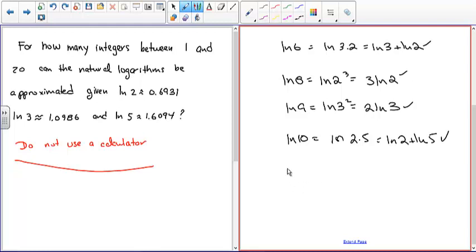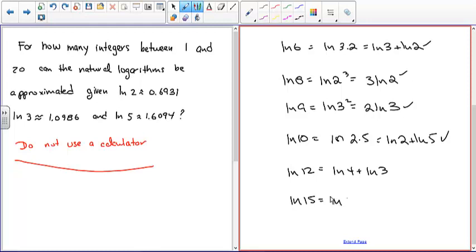I can't do 11. 12 is going to be the natural log of 4 plus the natural log of 3. 12 is 4 times 3, and I already have 4 and 3, so I can do that. 13 I can't do. 14, no. 15, yeah, I think I do 15.